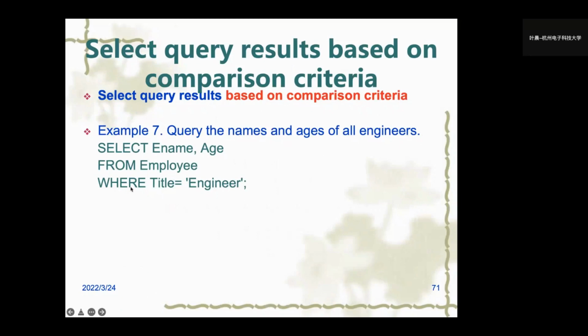So the condition we write is that their title should be engineer. Here we also write select ename equal to names, and age is age, from the employee table where title is engineer.